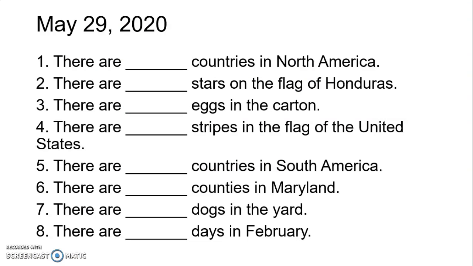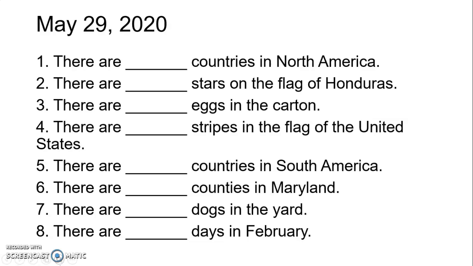So at the end, you're going to turn in something like this. You're going to write 8 sentences, and in the blanks here, you're going to write the number. En los blancos van a escribir el número, la palabra del número.